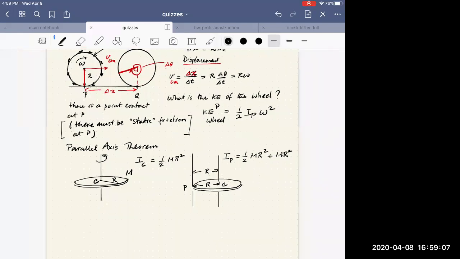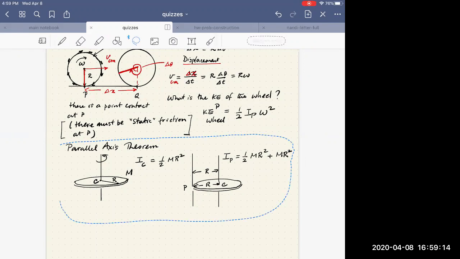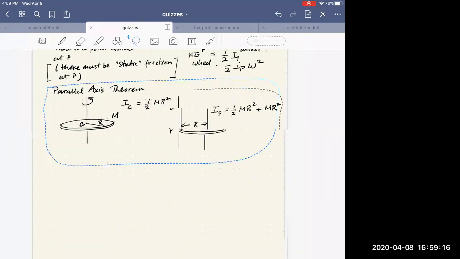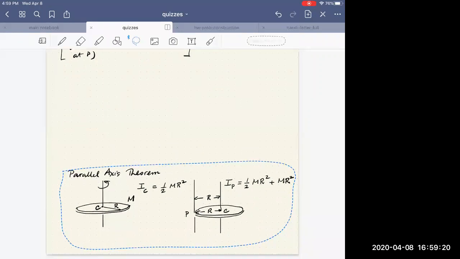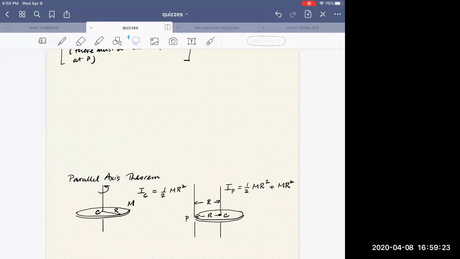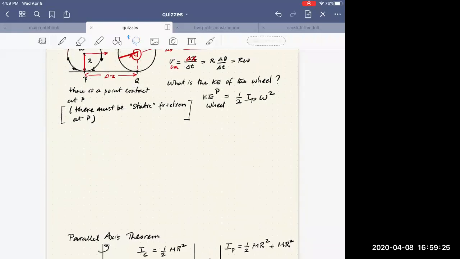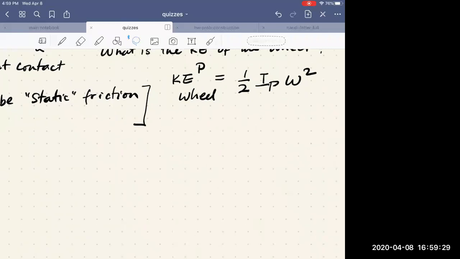So let me now make some space. I'm going to pull this part of the discussion down. It's a nice feature of the iPad. Let me now go back and try and rewrite this part here.